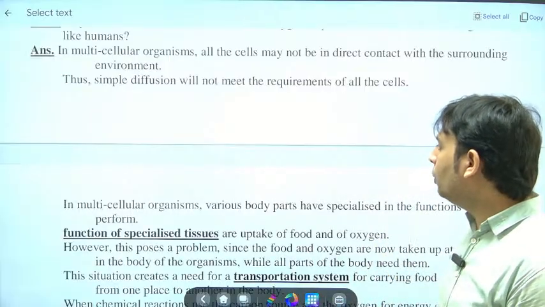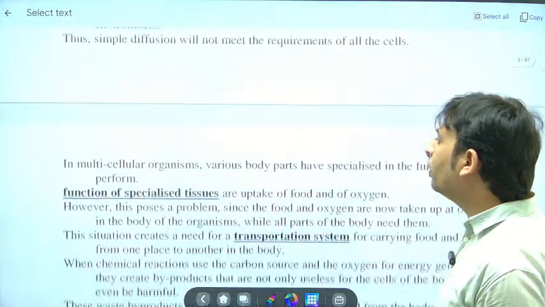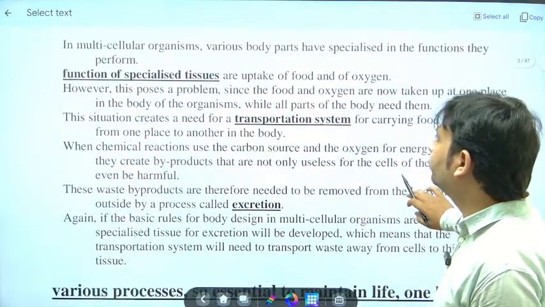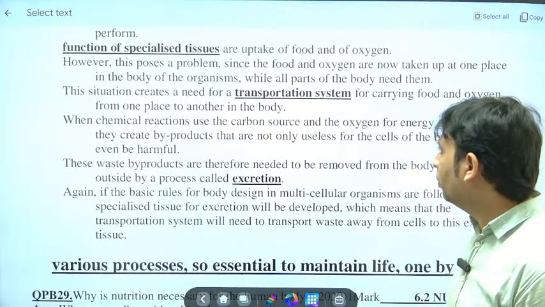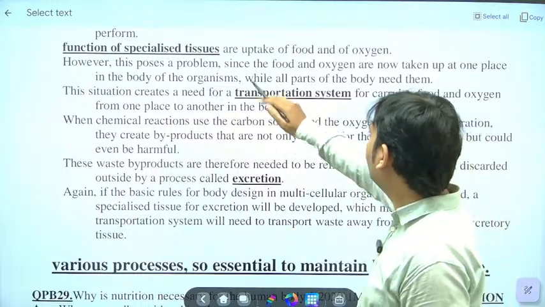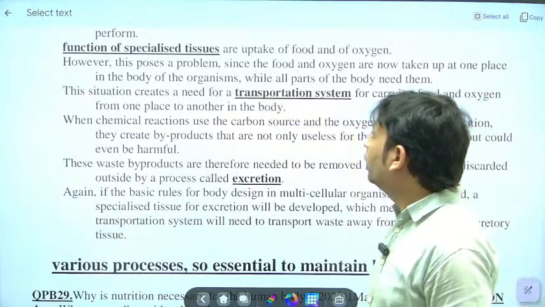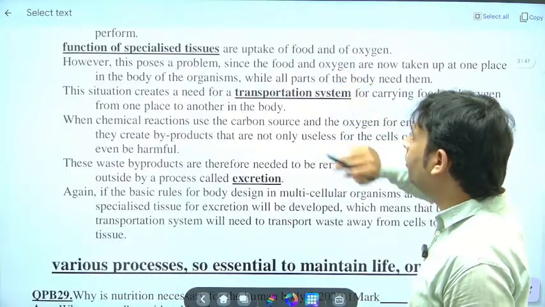And in multicellular organisms, various body parts are specialized in the functions they perform. So now we see the function of specialized tissue. The functions of specialized tissue are uptake of food and oxygen.